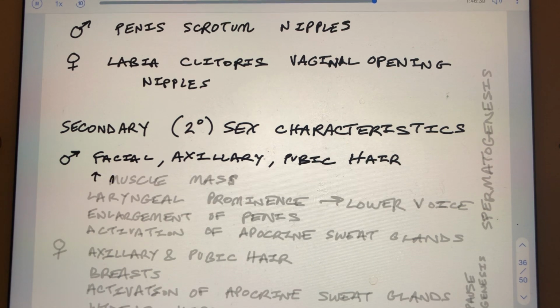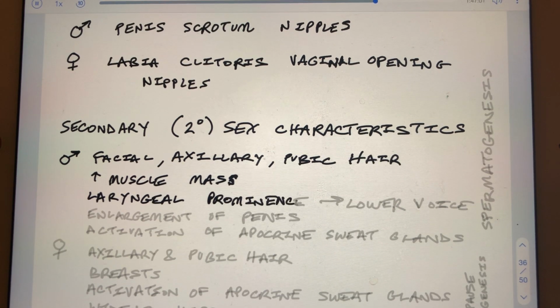Puberty sees an increase in muscle mass in males. Puberty also sees the formation of the laryngeal prominence.